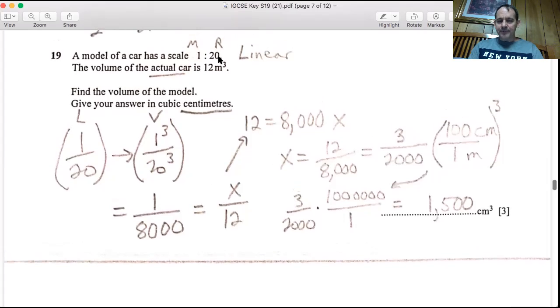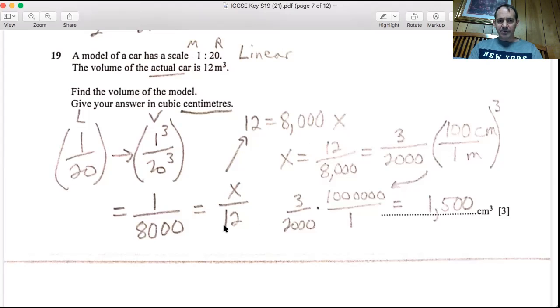Again, you have your ratio, which in this case has been given to us in a one-dimensional way. And then it goes to volume, which is 3 dimensional. That's why we have to cube it. Then you use your ratio to solve for the missing part, which was the volume of the model.